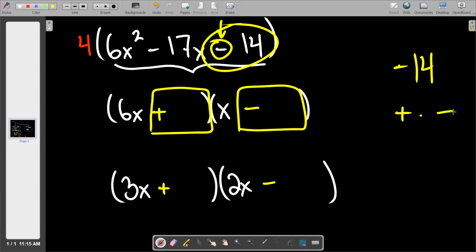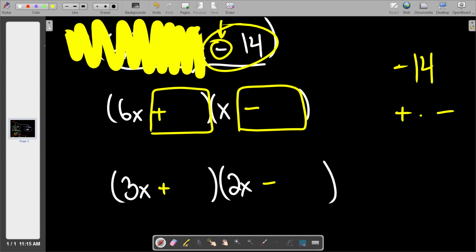That doesn't make sense because if it's one of each, then why is the 17 negative? Okay, I'm going to say this again. You should not be looking at anything other than the number in the back. It's all about the number in the back. I crossed all that off on purpose because I don't even want you to know what's under there. If the number in back is negative, then the conversation is over. These 2 numbers right here will multiply to make negative 14. That's what this number in the back says.